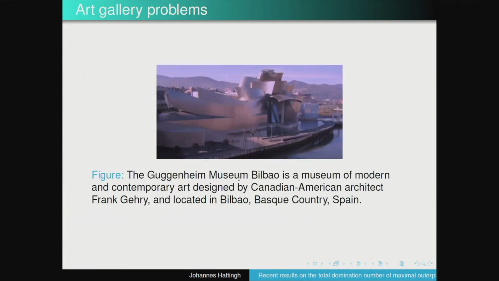And of course, art galleries, sometimes they come in interesting shapes. It's not really the case that an art gallery would just consist of a square room. Here's the Guggenheim Museum, Bilbao, in Spain. And you see it's quite a fascinating building with all those shapes. So you can imagine how the rooms inside may look.